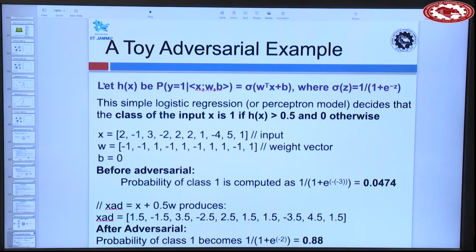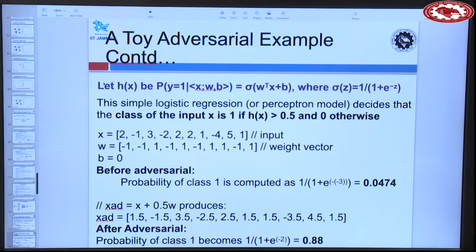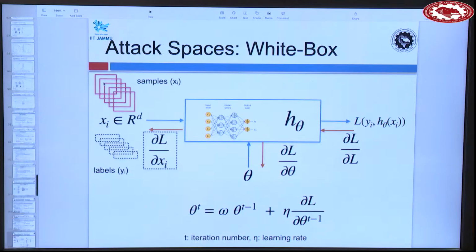And this can be done in many ways, in a black box setting, white box setting, whatever you say. Attack spaces we have already discussed. Now we are moving ahead towards neural network based models. We generally try to exploit neural network models.